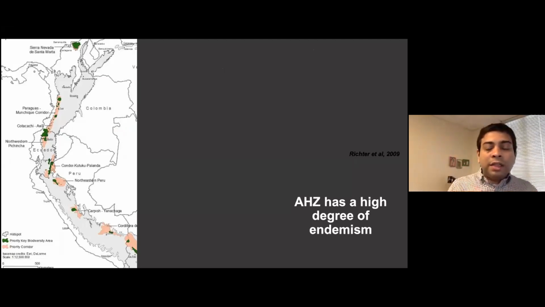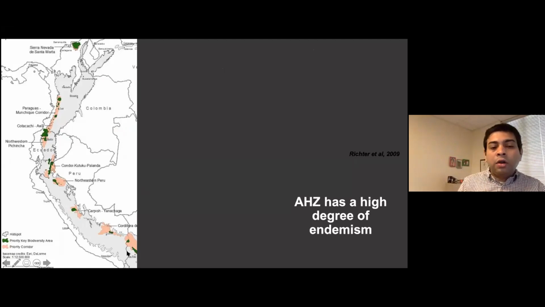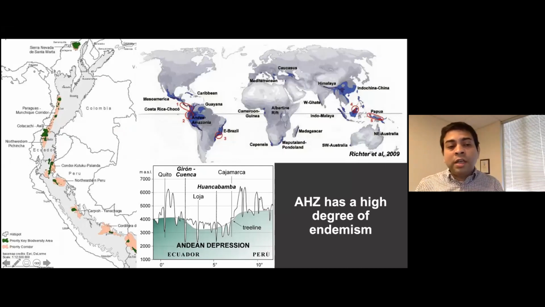This is a region where the Andes Mountains shift their directions and move further down south along South America. And this is one of the most biodiverse regions in the world. It has about 1/6 of plant life, not the AHZ, but the whole tropical Andes ecoregion has about 1/6 of plant life.